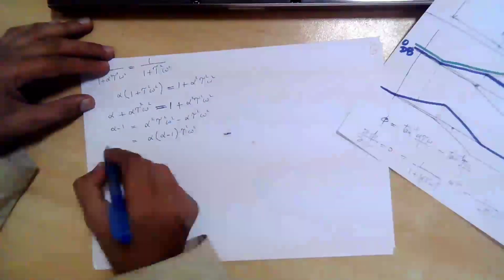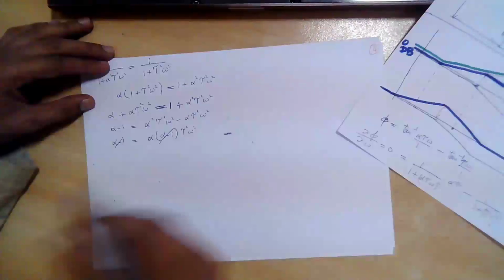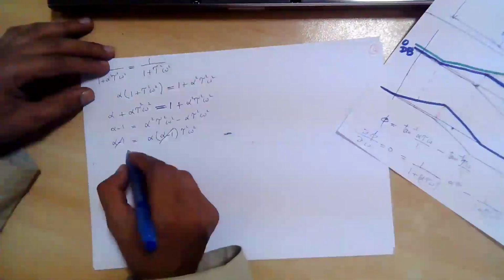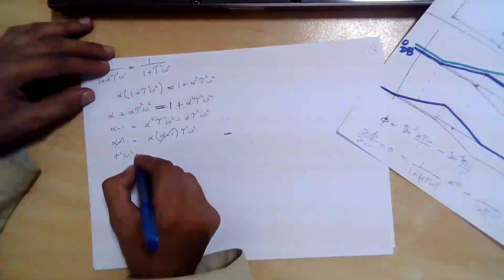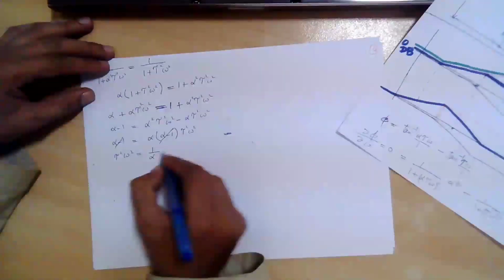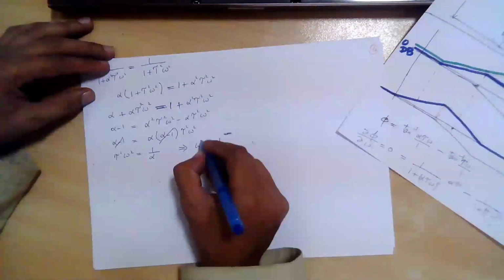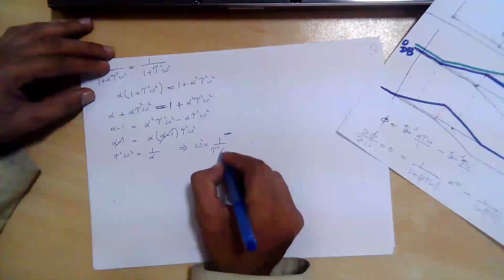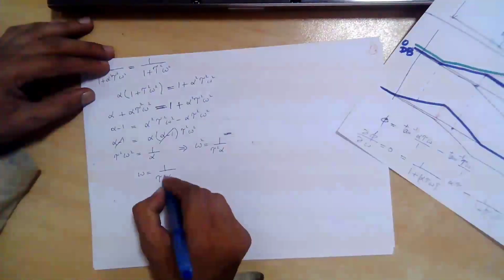This is alpha minus 1, so cancel this with this, and tau square omega square is equal to 1 over alpha, which shows that omega square is equal to 1 over tau square alpha, and omega is equal to 1 over tau square root of alpha.